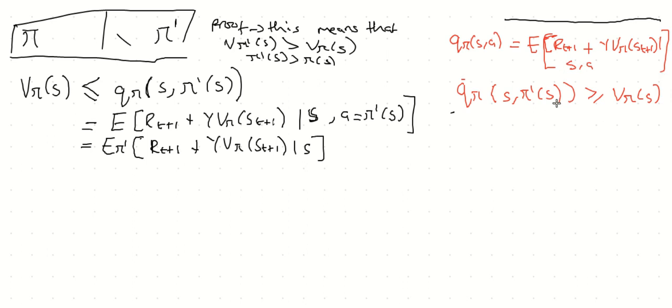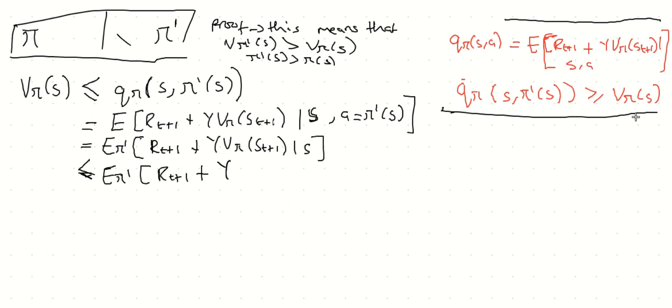This is greater than or equal to the expectation over pi prime of R t+1 plus gamma, and since V pi of S is less than or equal to Q pi of S comma pi prime of S, we can replace this expression with this one and still maintain the same inequality.